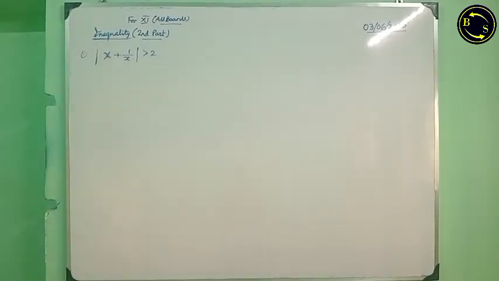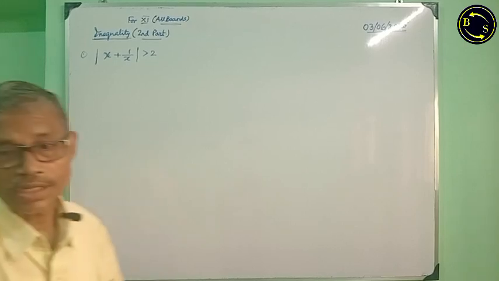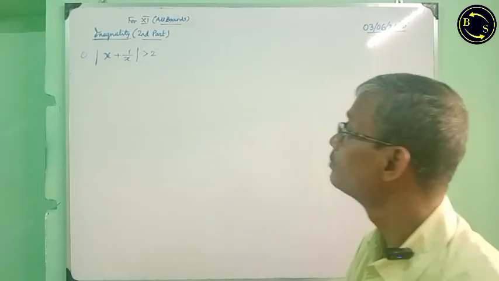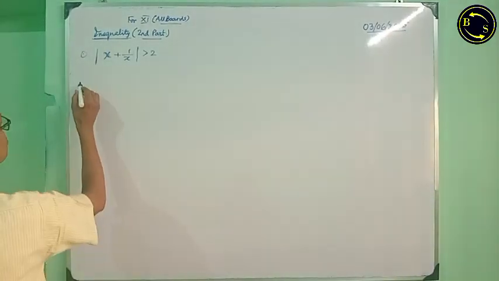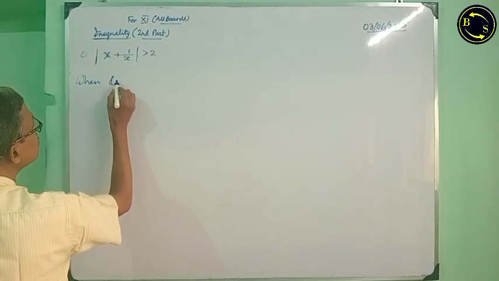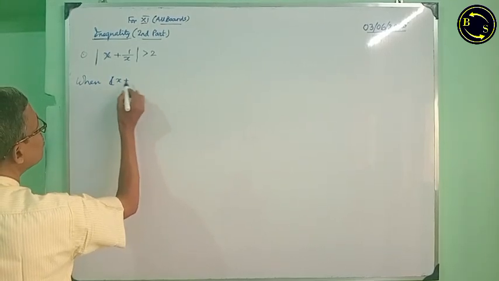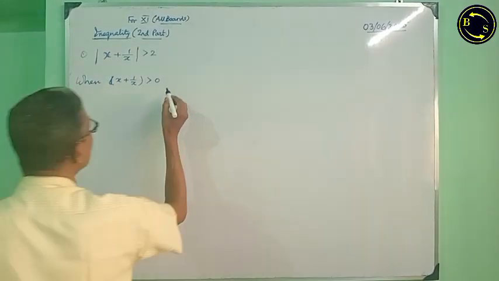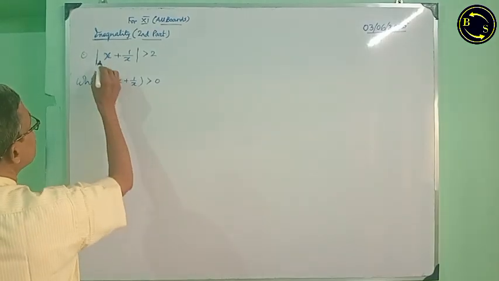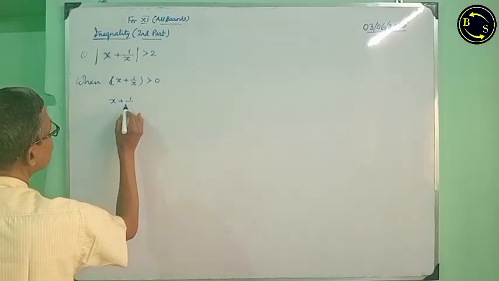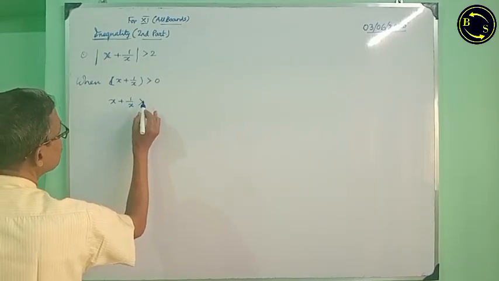Now this sum: modulus of x plus 1 by x greater than 2. Now we have to consider two cases. Then in that case modulus will be positive, that is x plus 1 by x greater than 2.